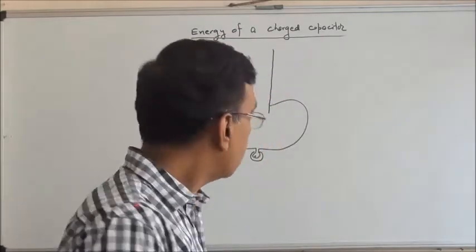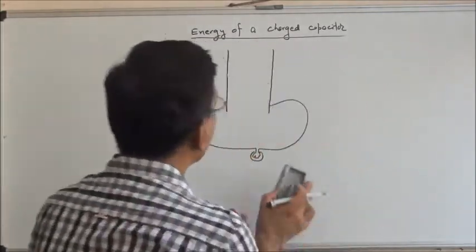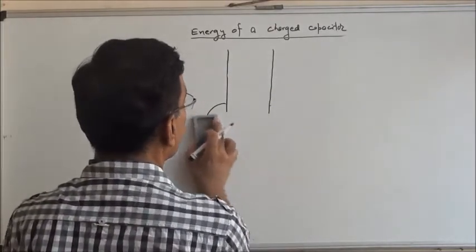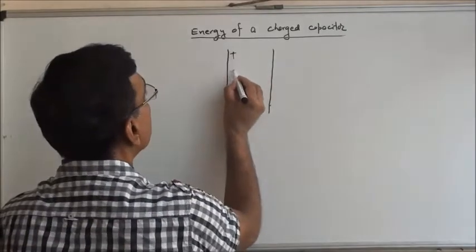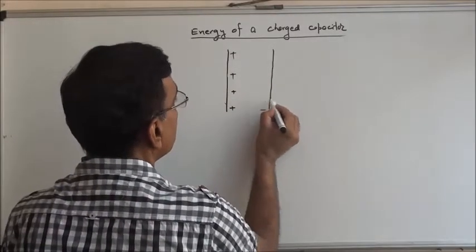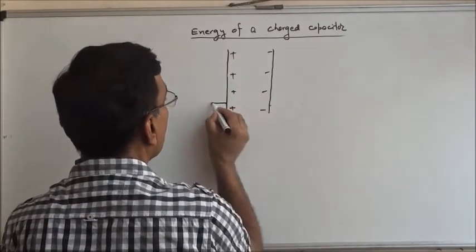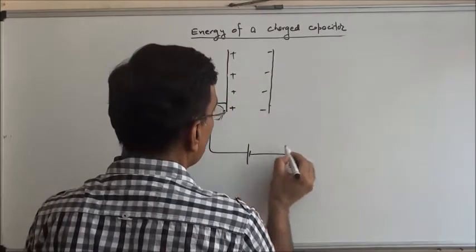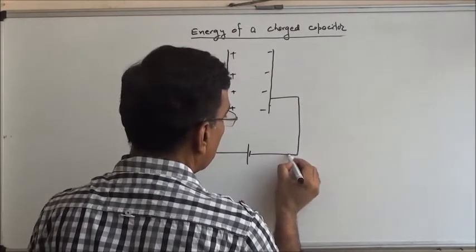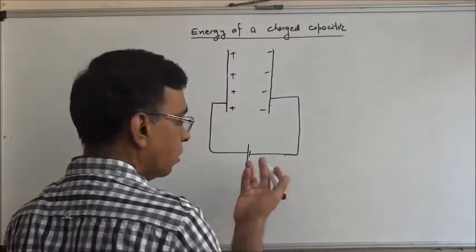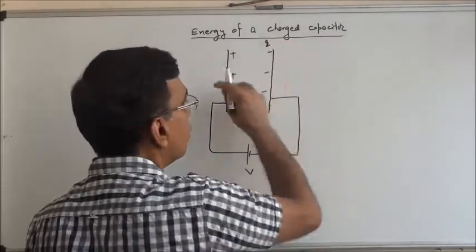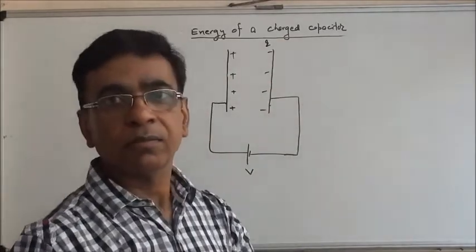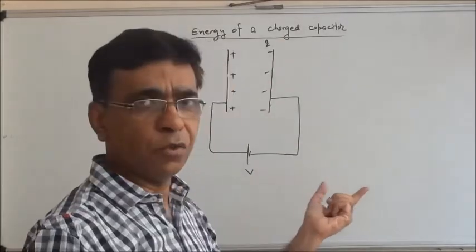One more concept which is asked and very common. Positive charge here, negative charge here, and this is connected to a battery of potential V, EMF V. And when the capacitor is fully charged, this is the situation now.